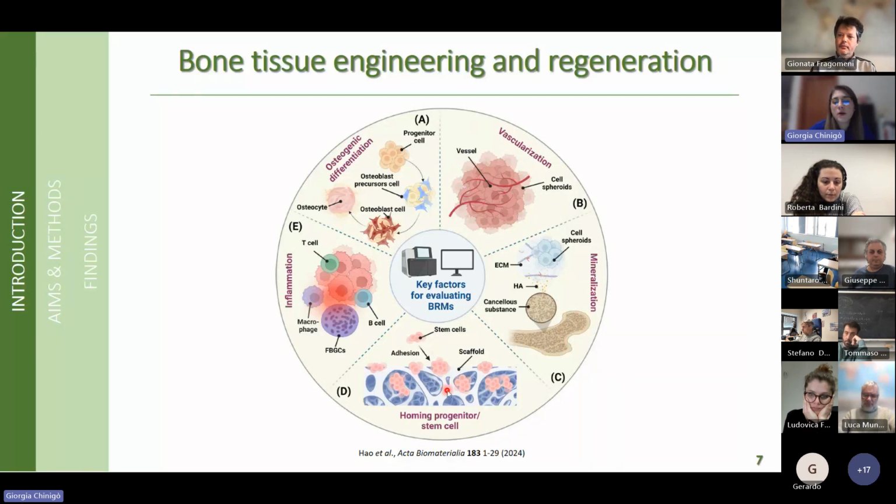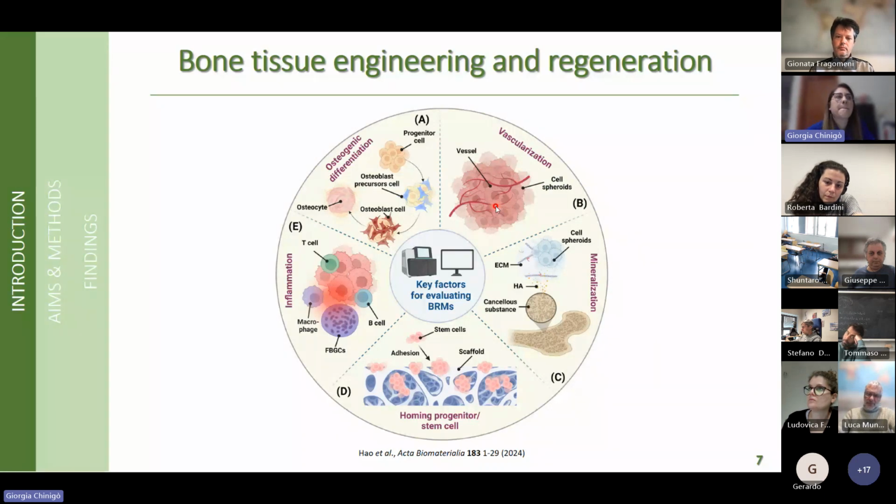Third, the so-called homing of stem cells, so the ability of the scaffold to provide a suitable surface, a suitable three-dimensional structure for homing the cells, the mineralization, and finally, the vascularization.